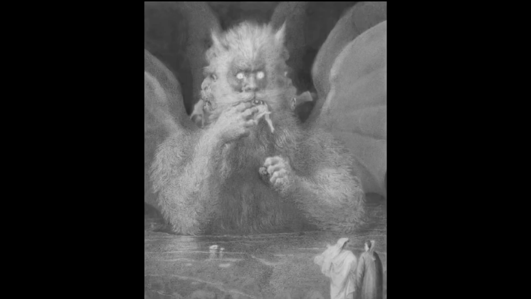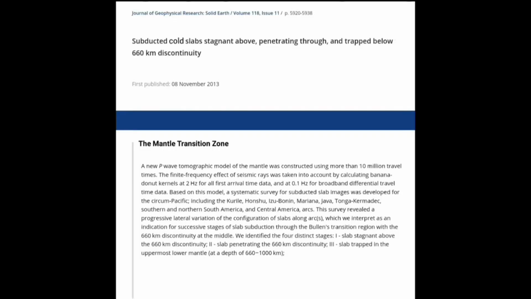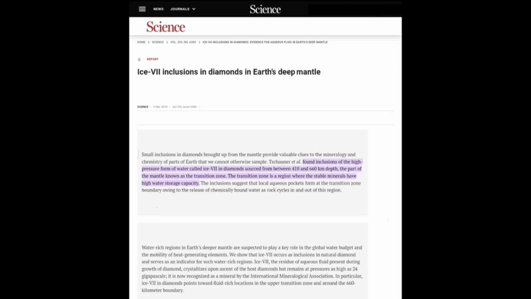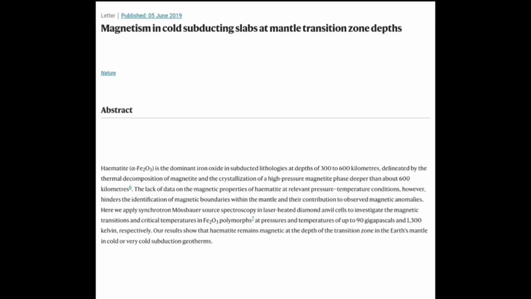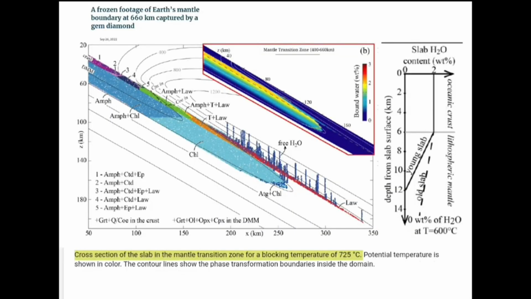Now remember, when they thermally mapped that 660-kilometer discontinuity, the Mantle transition zone, they started reading below freezing temperatures in that region. When this area is thermally mapped, these slabs show signs of consistent magnetism, a high level of magnetic resonance that could potentially be keeping them locked in place at the top and the bottom of the Mantle transition zone, like walls surrounding it and blocking it from all the geothermal activity around it.